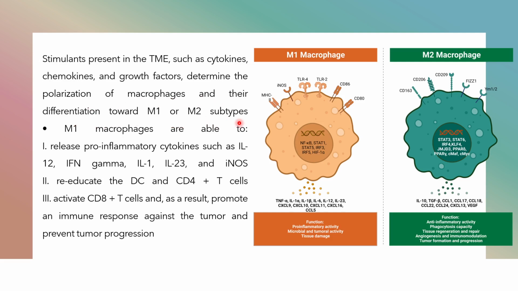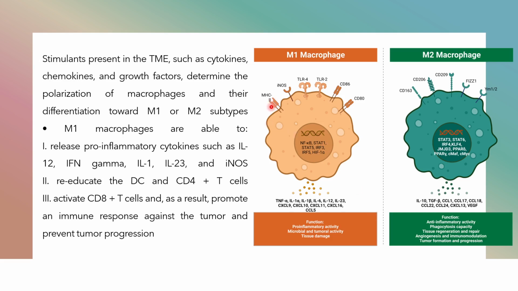Macrophages mature into different forms, M1 macrophage and M2 macrophage. There might be some reason behind this M1 and M2 maturation, so let's talk about it more.